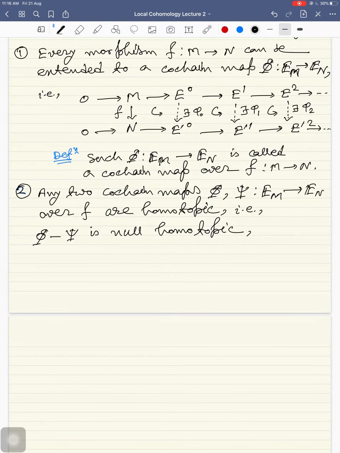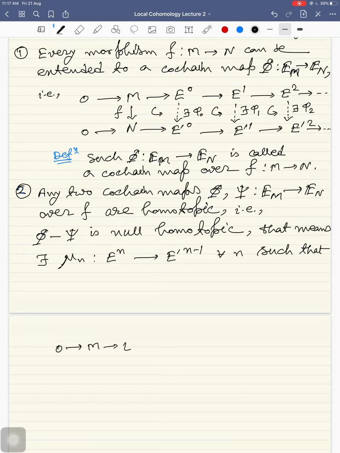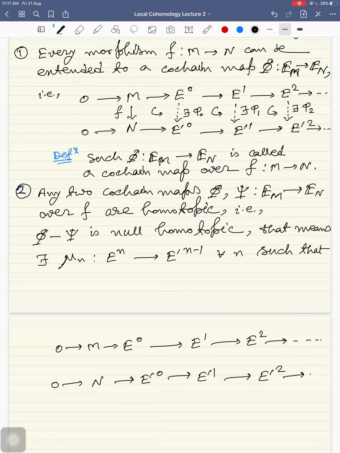So, that means there exists a collection of maps, let's say mu n from En to E prime n minus 1, for all n, such that: 0 goes to M, goes to E naught, goes to E1, goes to E2, and so on; 0 goes to N, goes to E prime naught, goes to E prime 1, goes to E prime 2, and so on.